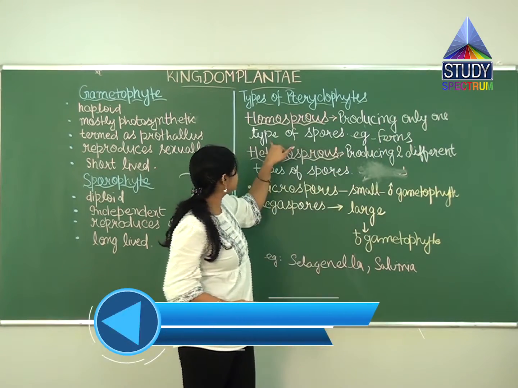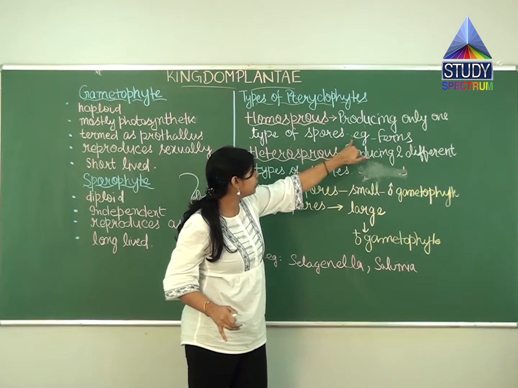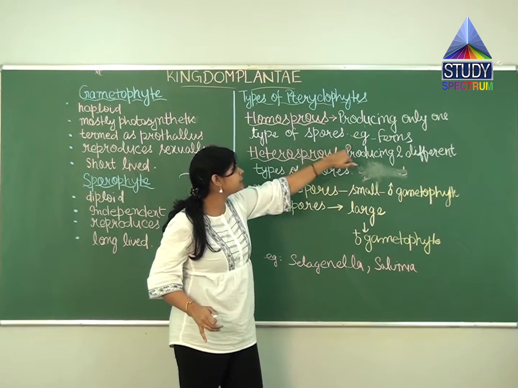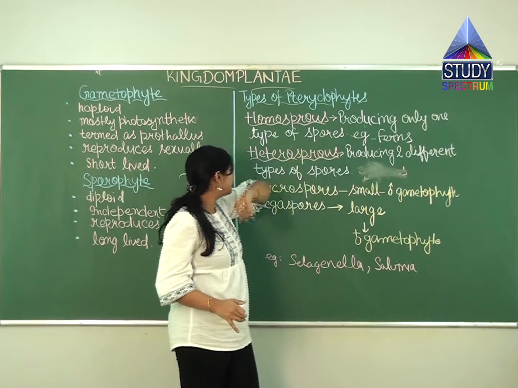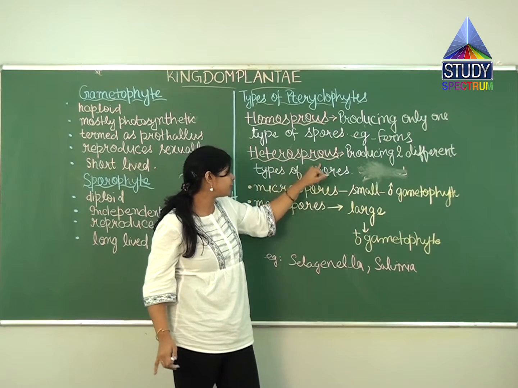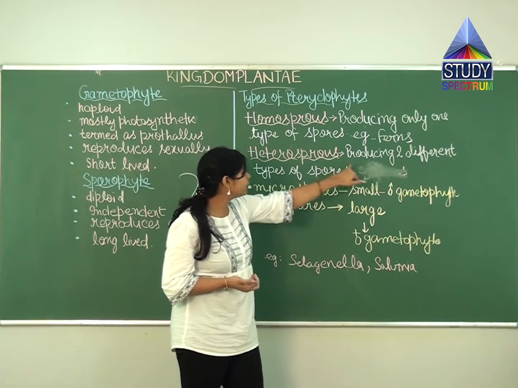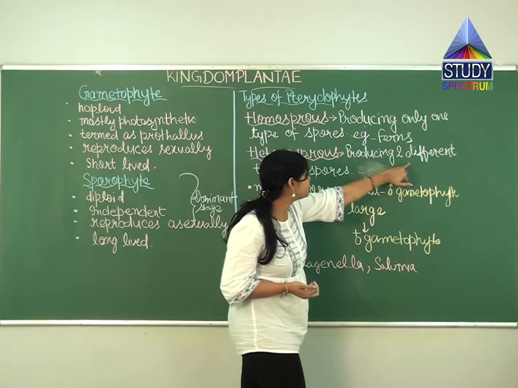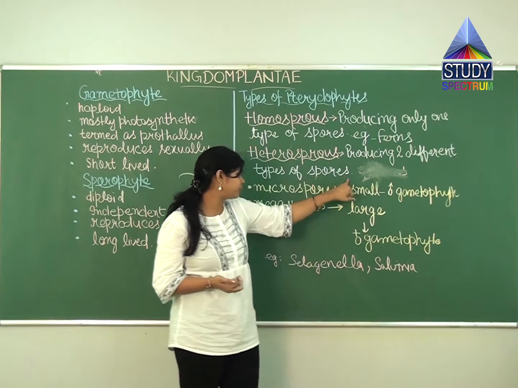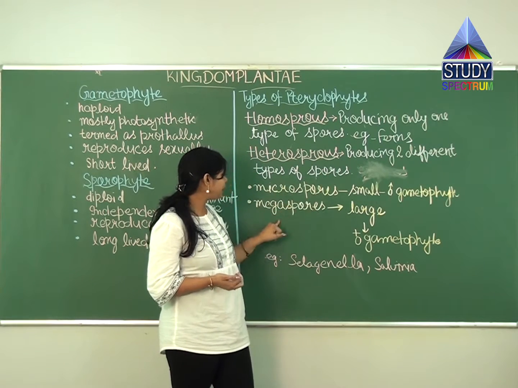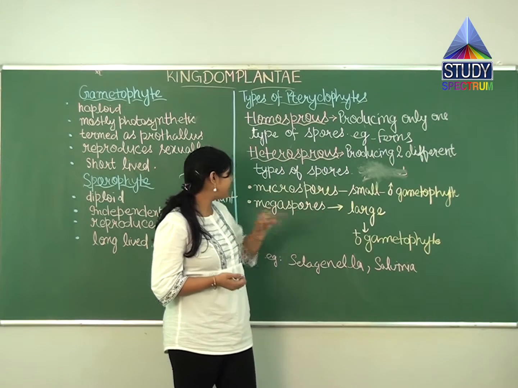The example will be ferns. Now, if I talk about heterosporous, so what is that? Hetero means different. So here there will be two different types of spores, microspores and megaspores.